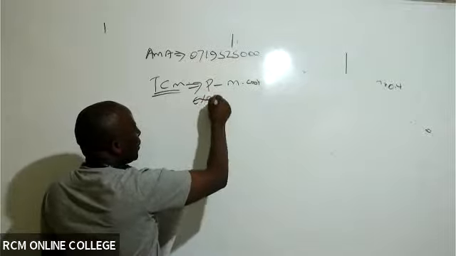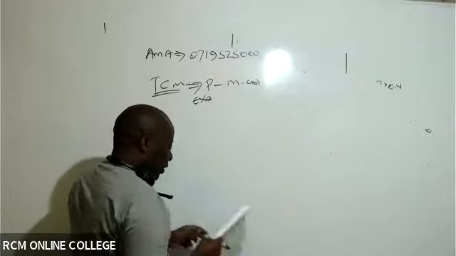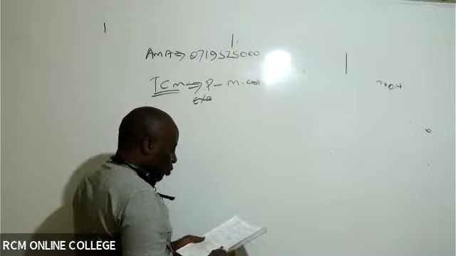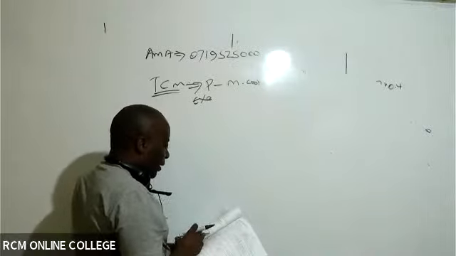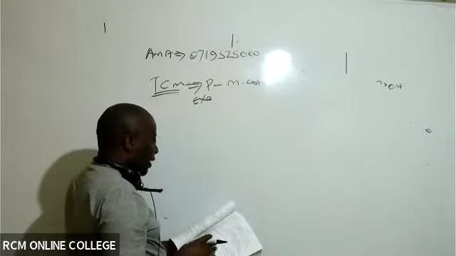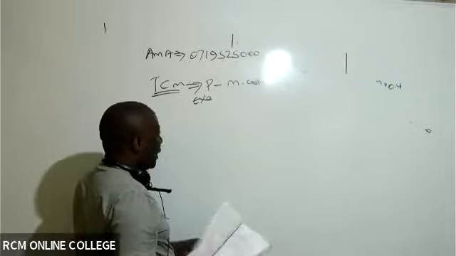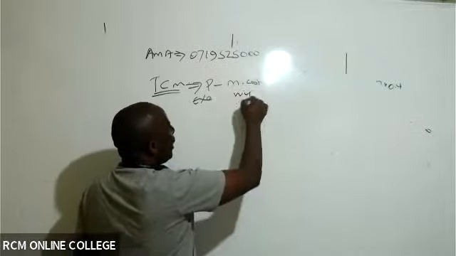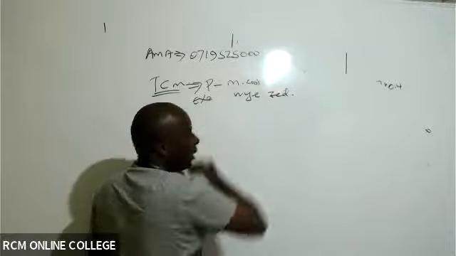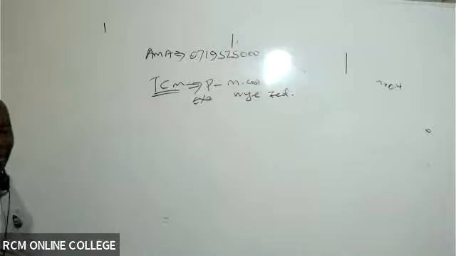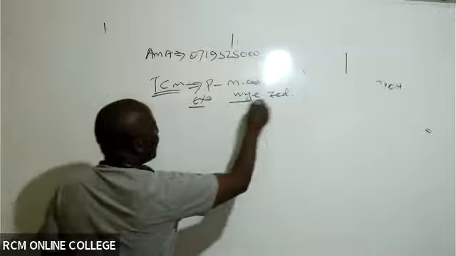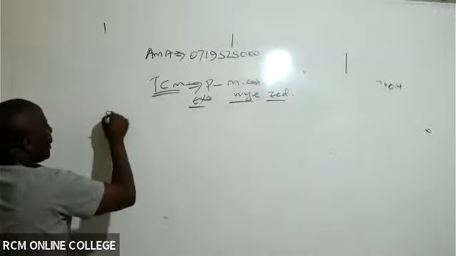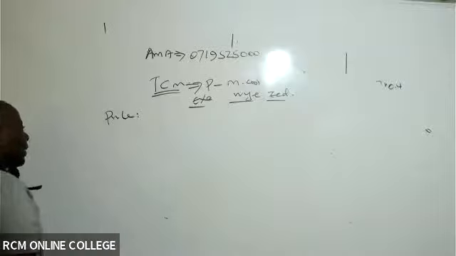So we have X, we have Y, and then we have Z. Are you able to see the selling price up there?